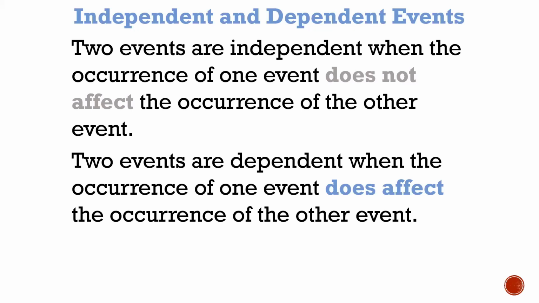Bobby participates a lot. Want to give me an example of two events that are dependent? So knowing that one event occurs or doesn't occur affects the probability of the other event occurring. Yeah.